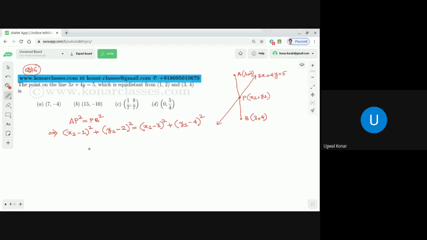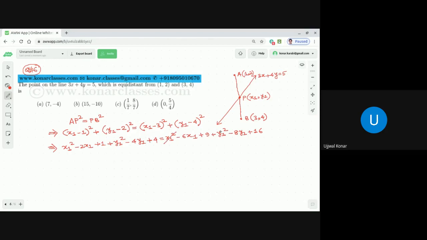Now, let's simplify this equation. On the left hand side we get x1 square minus 2x1 plus 1 plus y1 square minus 4 y1 plus 4, is equal to x1 square minus 6 x1 plus 9 plus y1 square minus 8 y1 plus 16.